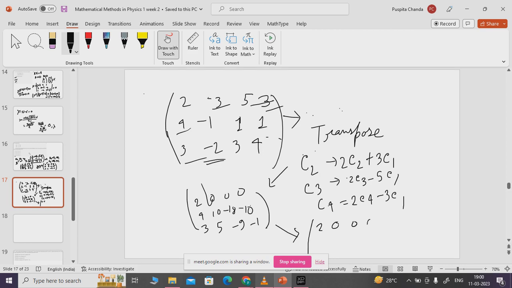So 0 0 0, you need to make 4 10 minus this has to be 0. So just add this thing: C4 will be C4 plus C2. So this is 3, this is 5, and 5 minus 1 gives 4.